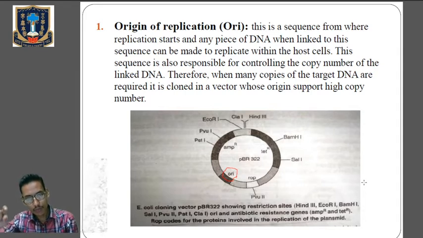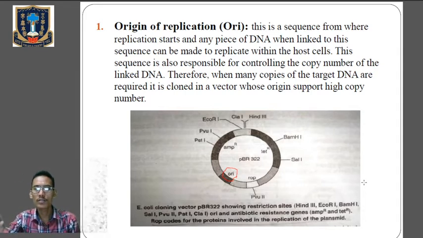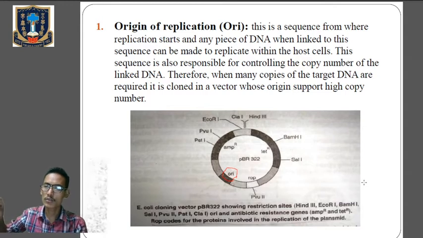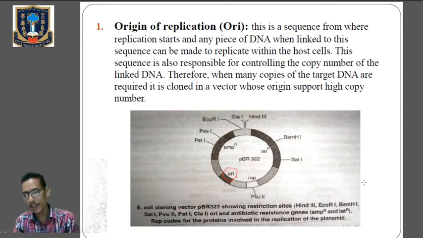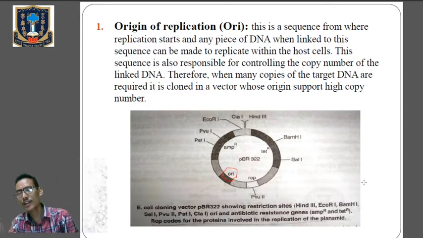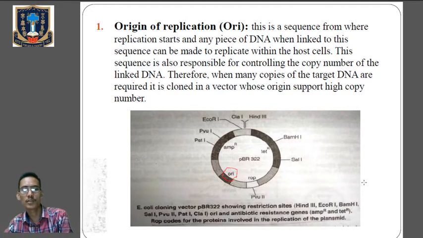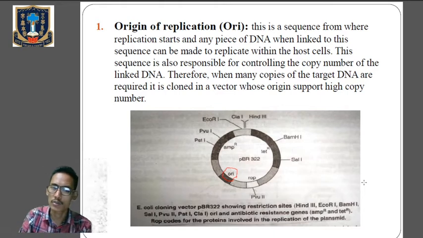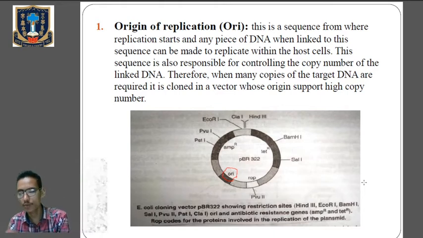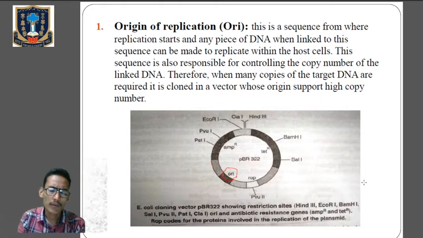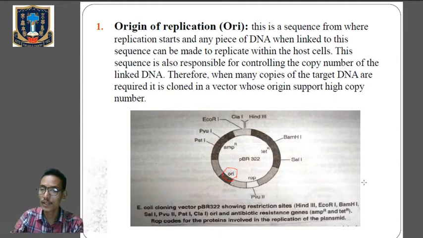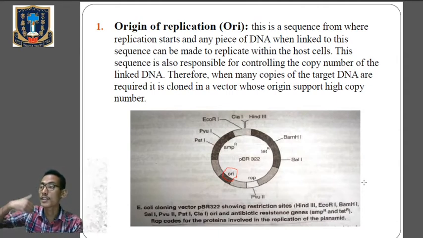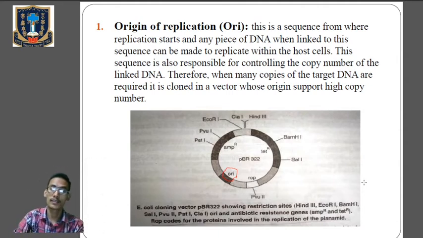When we link that foreign DNA into this site, it will be able to make multiple copies within the host cells. Clear? One fragment of DNA will divide into 2, 2 to 4, 4 to 8, and hence it will keep on multiplying. Clear?